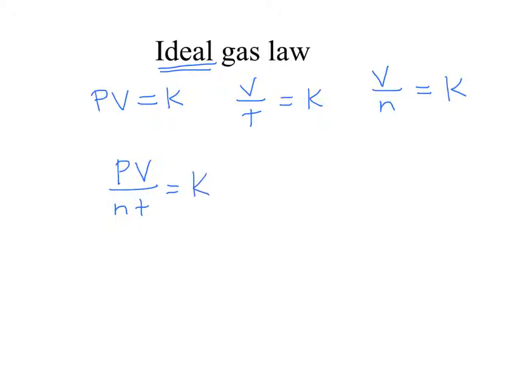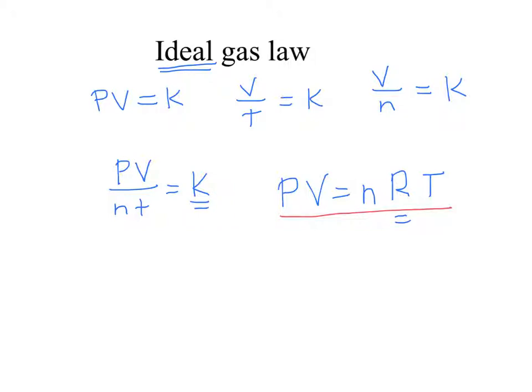And so we rewrite that for the ideal gas law as PV equals nRT, with R as a specific constant when we need it, instead of the K that we tend to use in talking about these laws separately. So PV equals nRT is your ideal gas law.